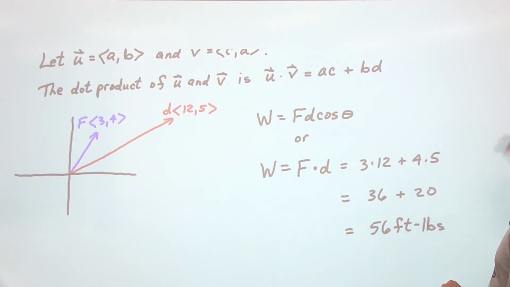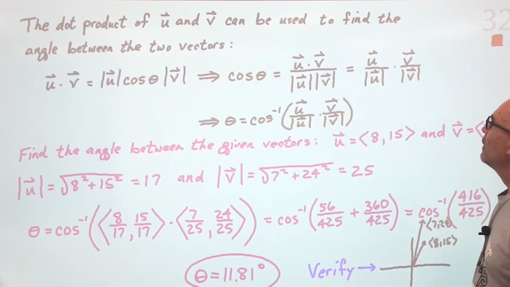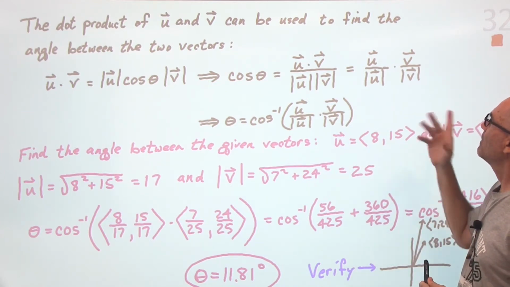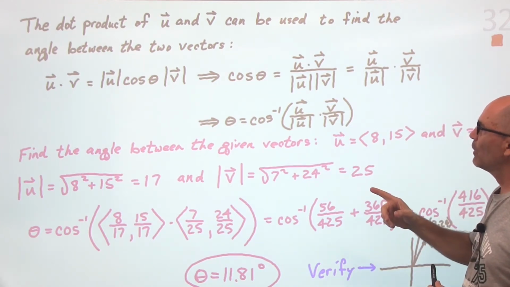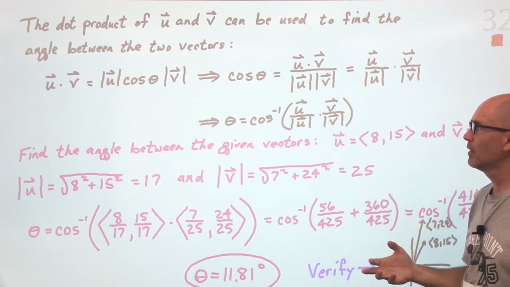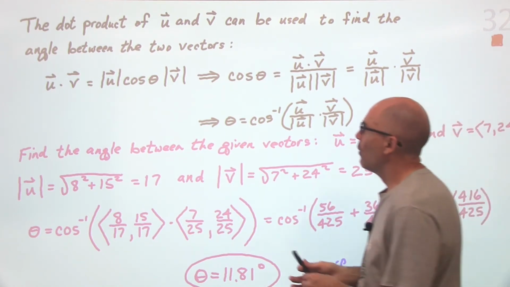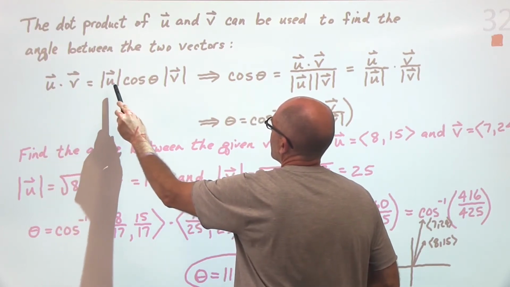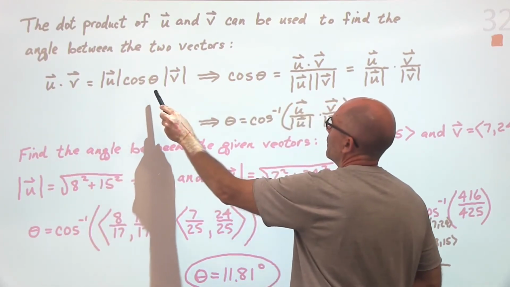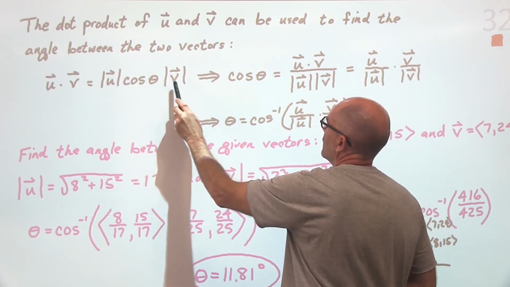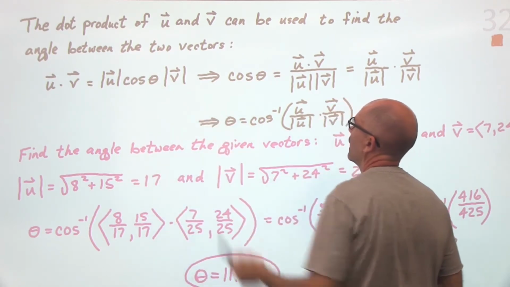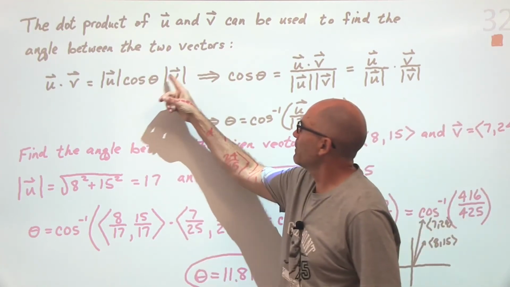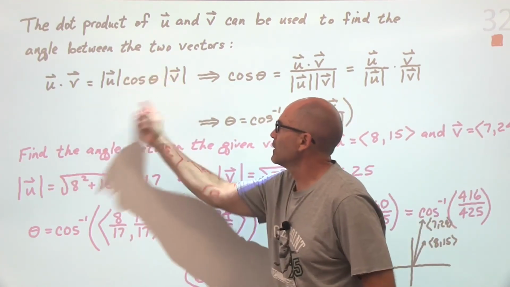Okay, one more. The dot product of U and V can be used to find the angle between the two vectors. If we know that U dot V equals the magnitude of U times the magnitude of V times cosine theta, and I want to know what cosine theta is, all I do is divide out the magnitudes.